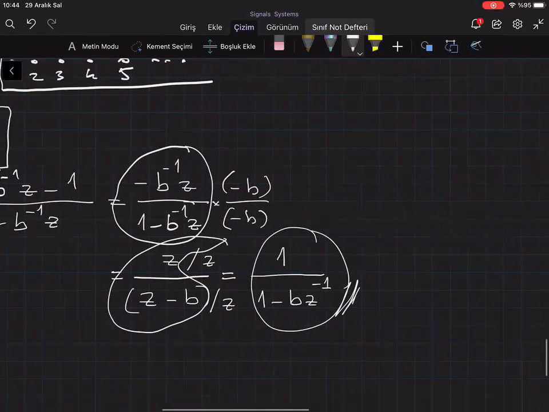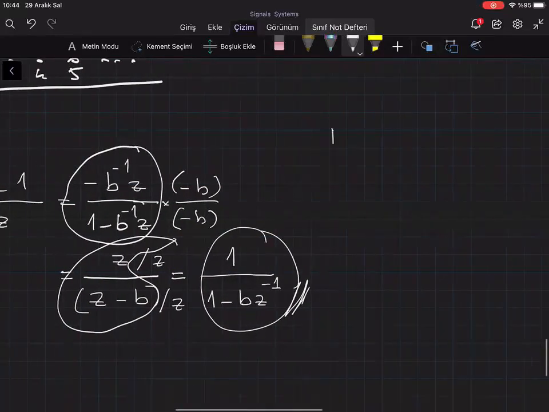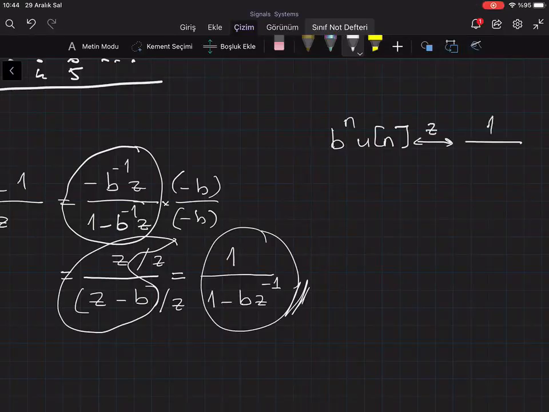Bakın arkadaşlar, güzel kardeşlerim. b to the power n u[n]. What was the z transform of b to the power n u[n]? 1 over 1 minus b z to the power minus 1. You see they are the same. What was this case?